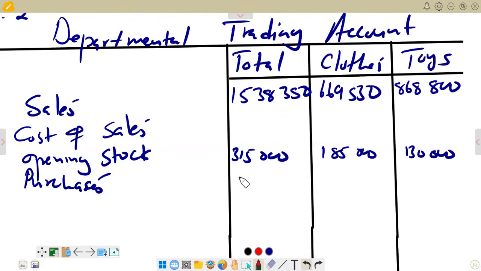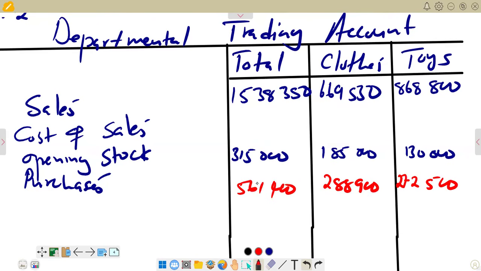We have 288,900 for clothes, and then for toys, we have 272,500. So this is what we have. So we add the two to get the total. The total we are having 561,400.